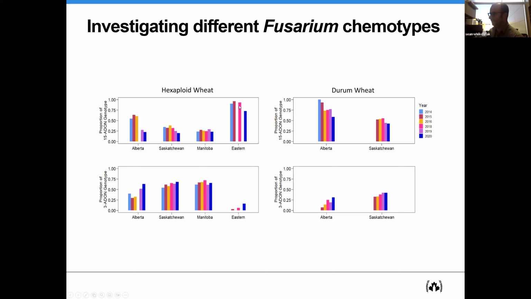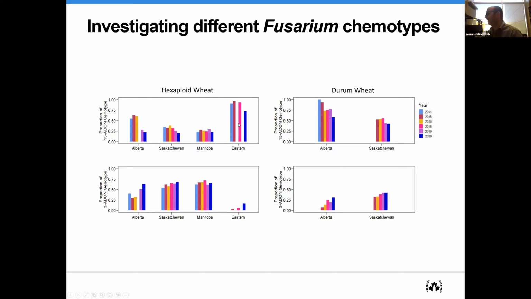And in Eastern Canada, there's a little bit of a reduction as well. And if you look at the 3A-DON, which is a separate marker, when 15A-DON disappeared, 3A-DON went up to take its place. So we're seeing an increase in the 3A-DON producing isolates in Alberta and Saskatchewan. And this is even just over 6 years. You can see that the population structure of the fungus is still changing, which is really, really interesting.